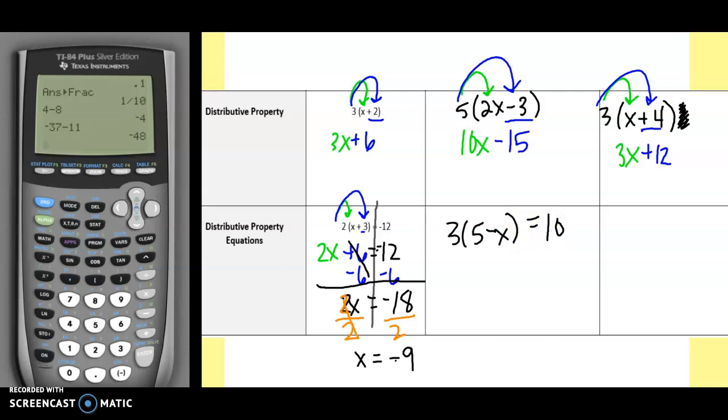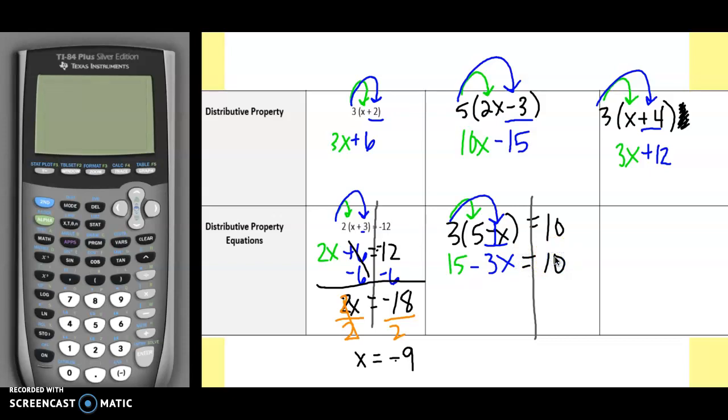So again, it's an equation, so drawing that line down the equal sign could be helpful. Distributive here on the left, 3 times 5 is 15. Our second distributive here, we have 3 times a negative x, that's like a negative 1x, so 3 times negative 1 gives us a negative 3, because again, we're going to take that sign with it, and our x comes down, equals 10.